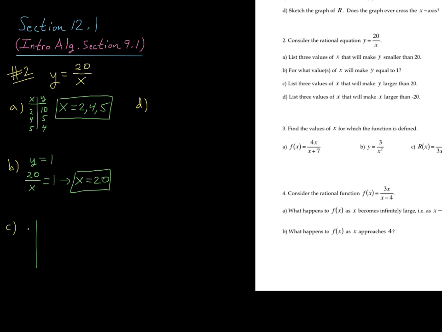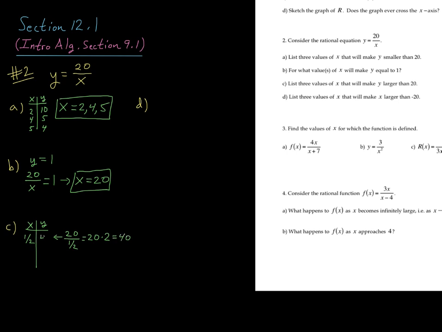Make a little table here again. And so if I plugged in, say, a half for x, then for y, what would I get? I'm going to do 20 divided by a half. Well, that's the same thing as 20 times the reciprocal of a half, or in other words, 20 times 2, that would be, well, 40.